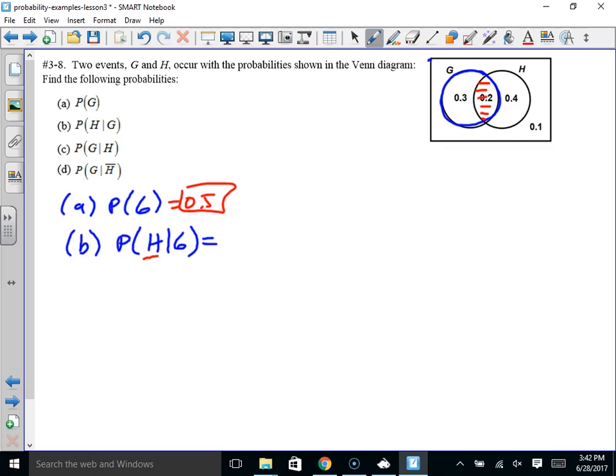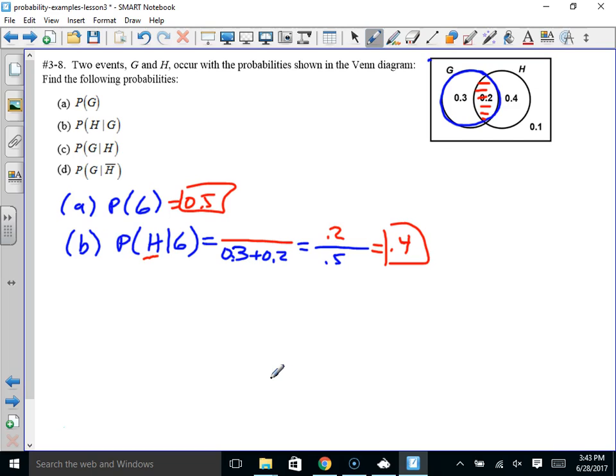So the bottom of the fraction has to be some representation of the G, and the G isn't the entire region, right? So G is 0.3 plus 0.2. In other words, there's 0.5 in G, right? But the H part of that is 0.2. So it'd be 0.2 divided by 0.5, which turns out to be 0.4. So if you are in the G circle, there's a 40% chance that you'll be in the H circle as well.